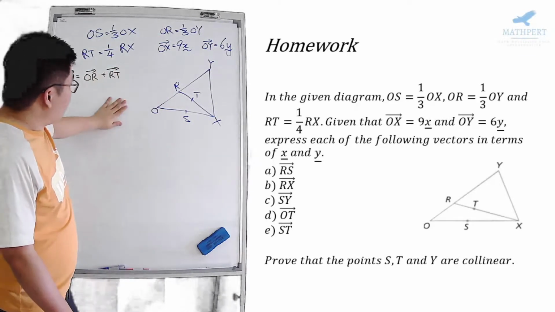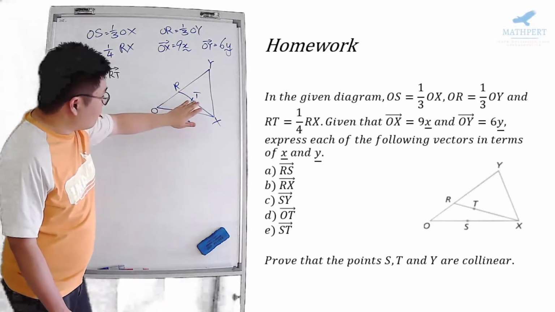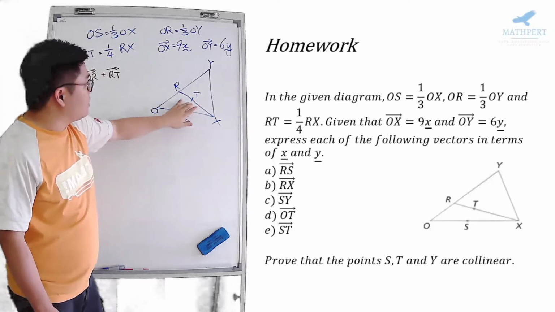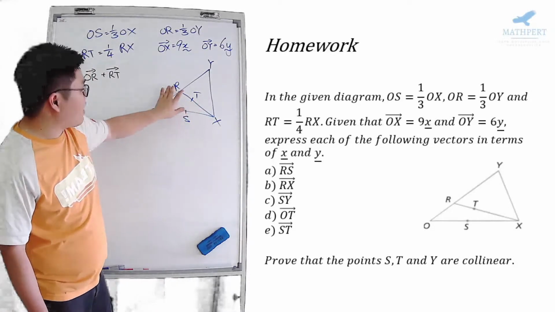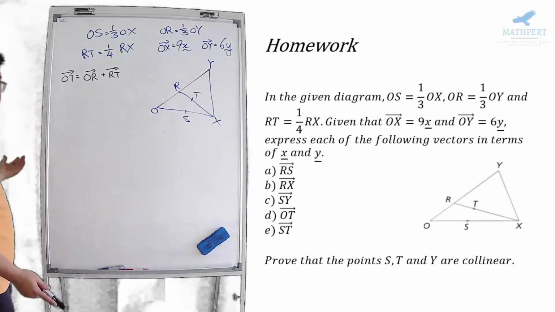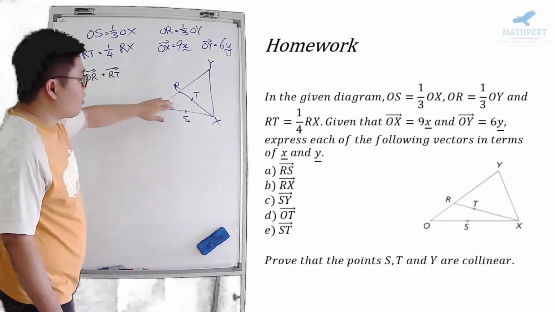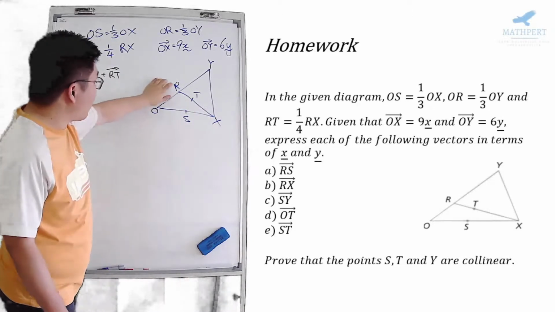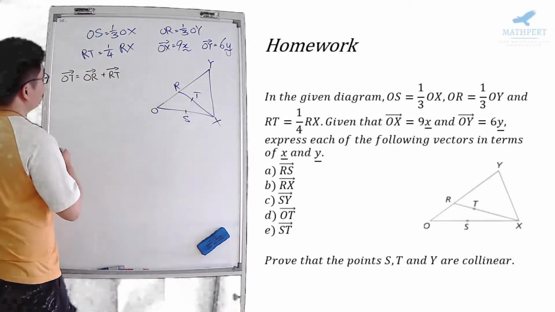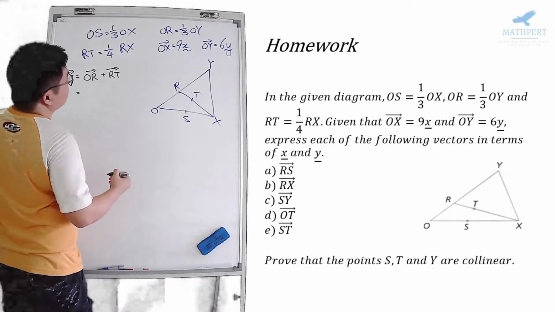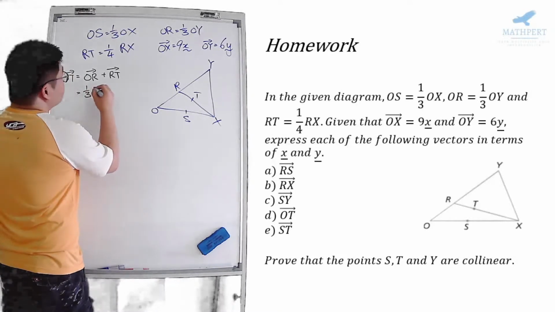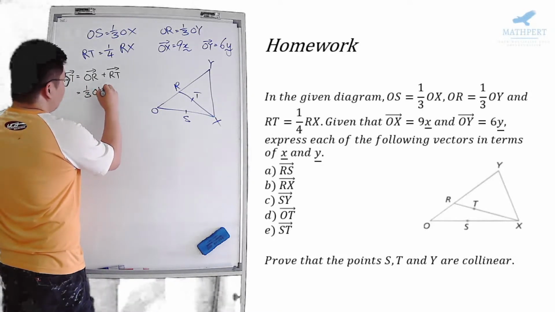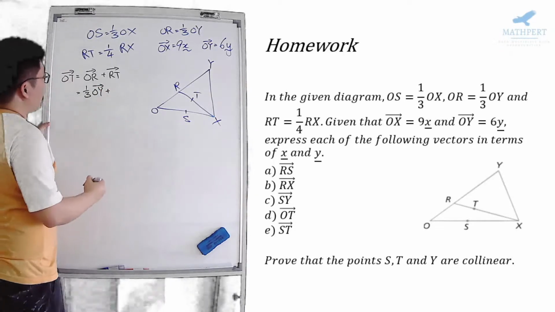Or I can pick OX to XT, but we do not have XT, we have RT. It is possible to do OX plus XT, but let's try OR plus RT. So OR will be 1/3 of OY, plus RT.